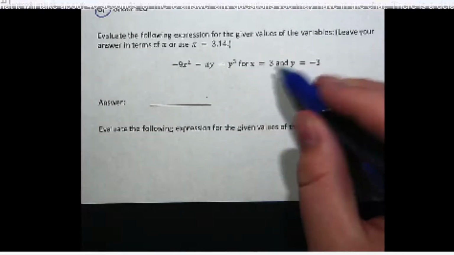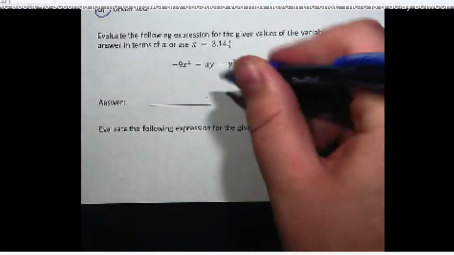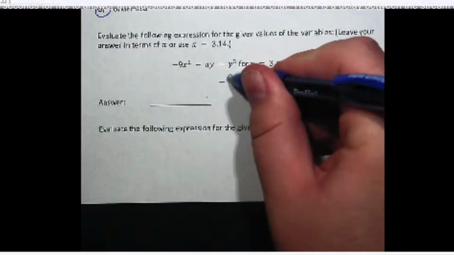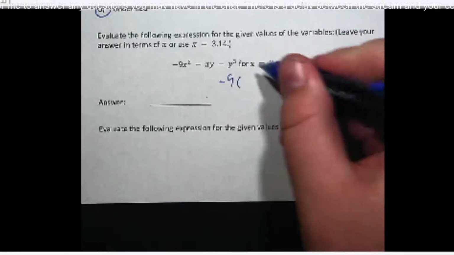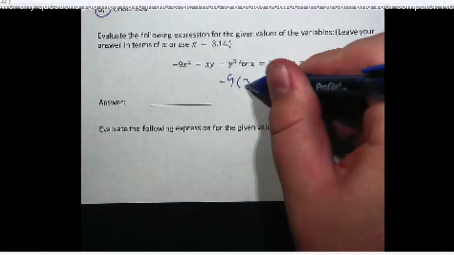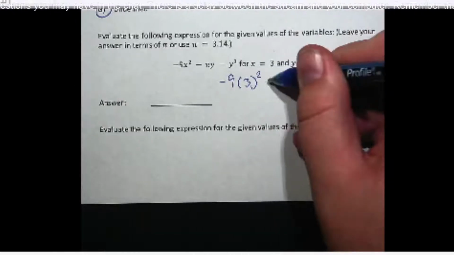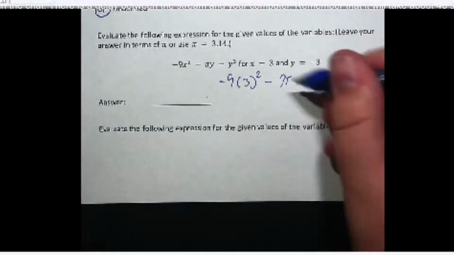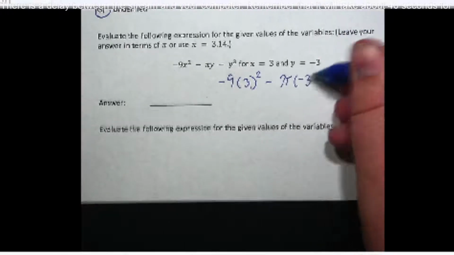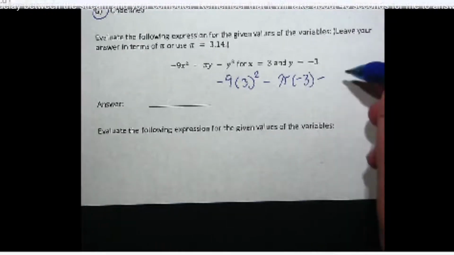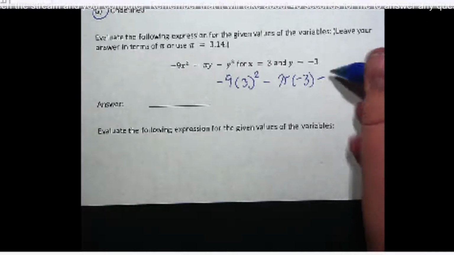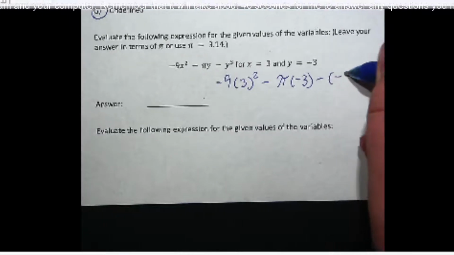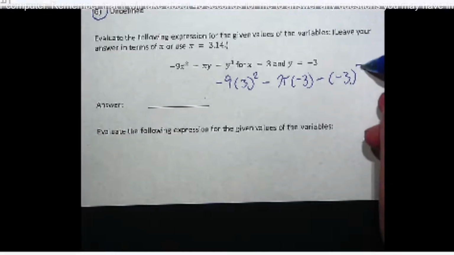So x is 3, y is negative 3. So we've got negative 9 times x, which is 3, squared, minus pi, y, which is negative 3, minus y cubed, so that's going to be negative 3 cubed.